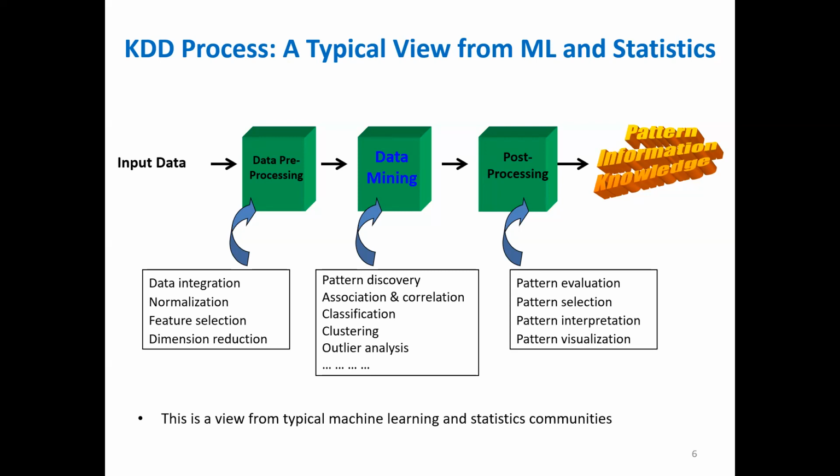The first step is that we require input data, in the form of databases. In data pre-processing, we can integrate the different databases and normalize the data set. Normalization means if there are very large fluctuations in the data set, then we have to normalize the values to reduce these fluctuations.